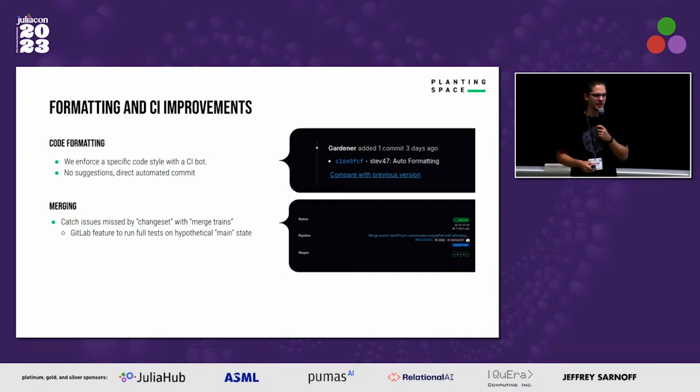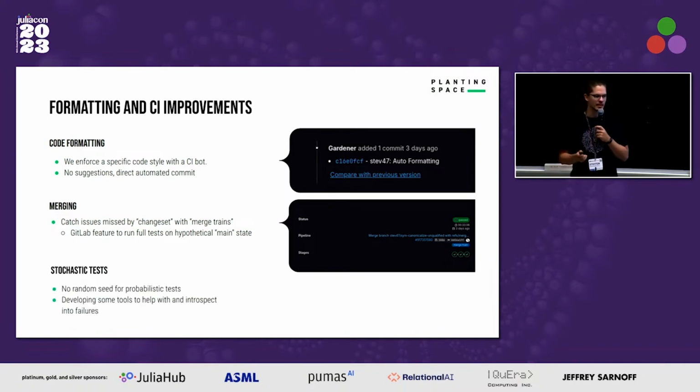In this context, in GitLab we can run on the theoretical change of main if the current MR was merged already. So if that succeeds, we know that once it's actually merged, main will still be intact. And there we just run the entire test suite, but we only run it once for each MR.